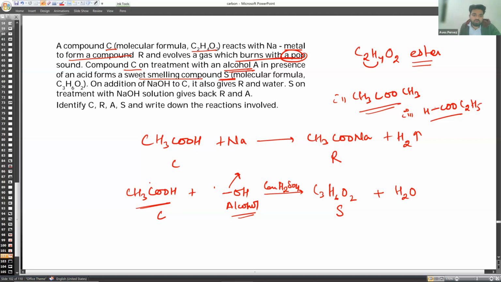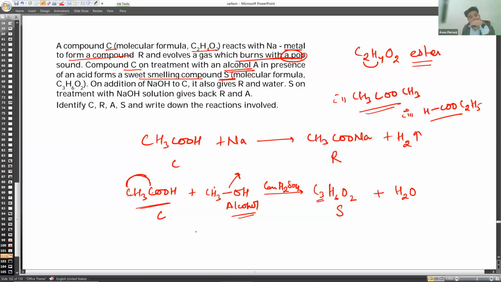You know that the carboxylic acid is a 2 carbon acid. When you make the ester, this bond will break and the remaining part of the alcohol is going to join. So the 2 carbons are from this carboxylic acid, and only 1 carbon is extra, so this will be CH3.